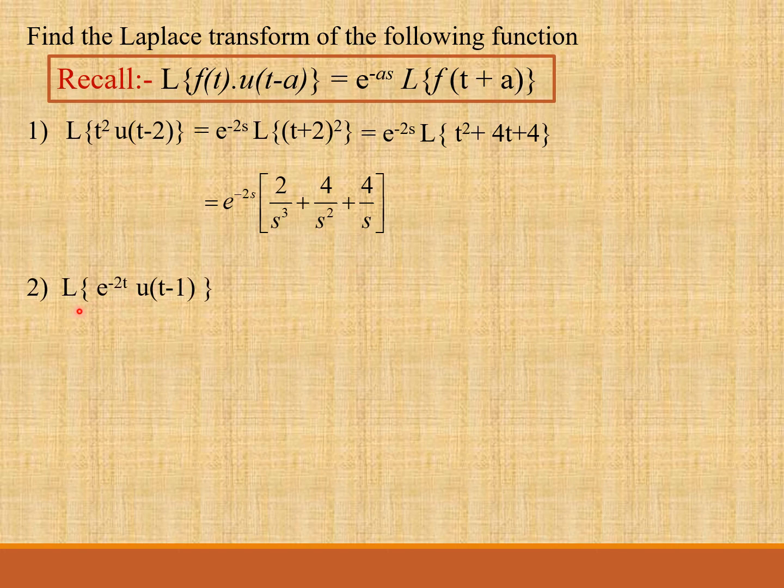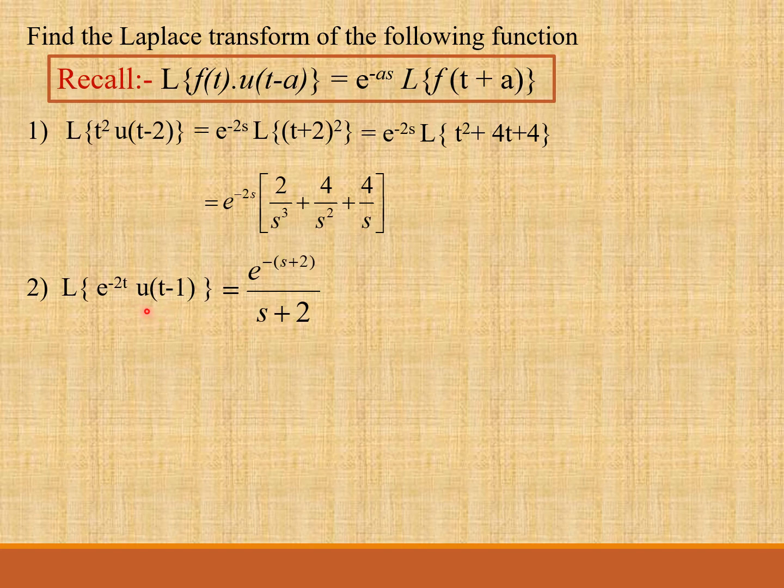Second is Laplace of e raised to power minus 2t into u of t minus 1. Here u of t minus 1 is the displaced unit step function, and e raised to power minus 2t is what the shifting property applies to. So for this, Laplace is e raised to power minus s upon s.